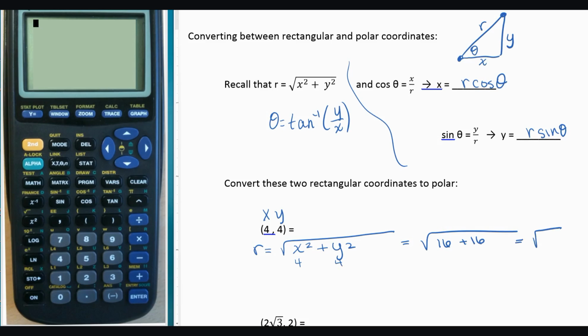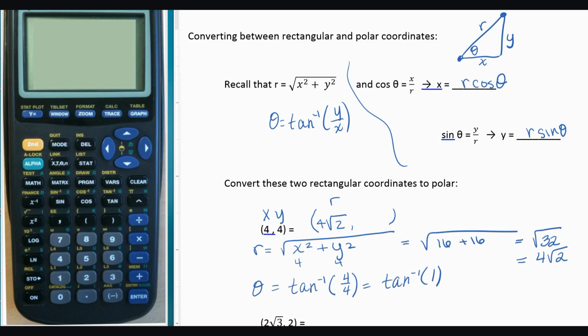So this would be the square root of 32, which if we reduce it, we could pull out a 4, so we'd have 4 square root of 2. So our r here is 4 square root of 2, and now we need to find our theta. So theta is going to be tangent inverse of 4 over 4, so it's tangent inverse of 1.